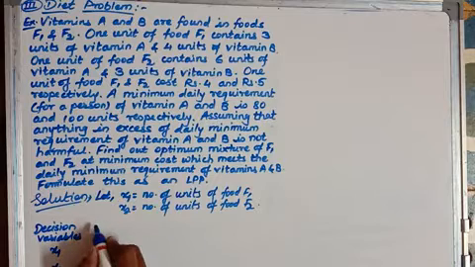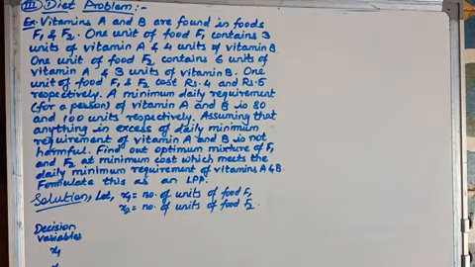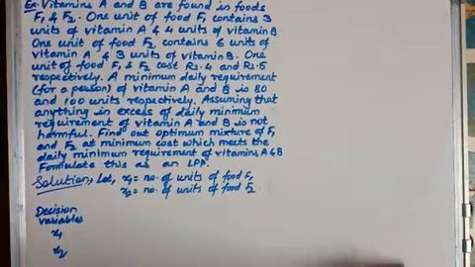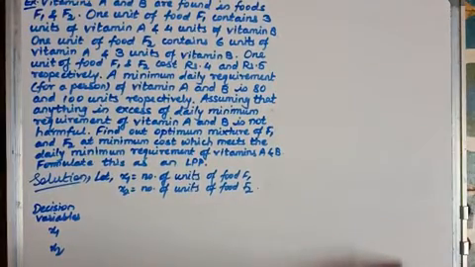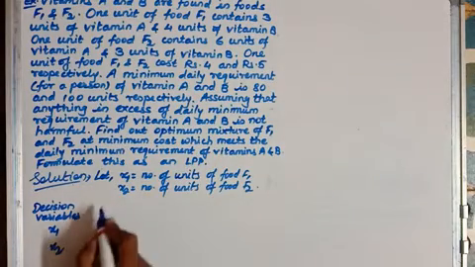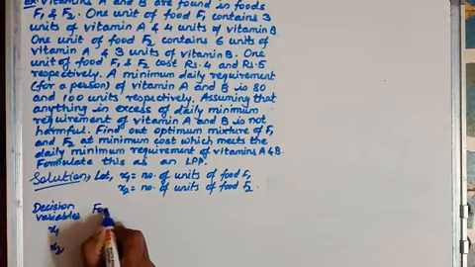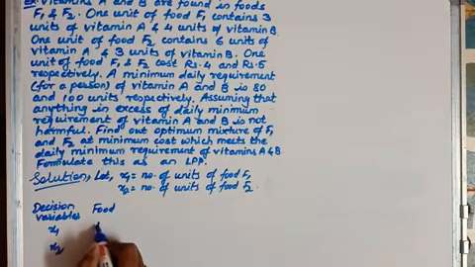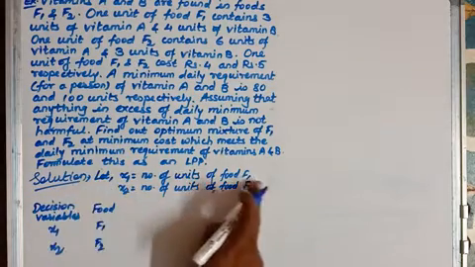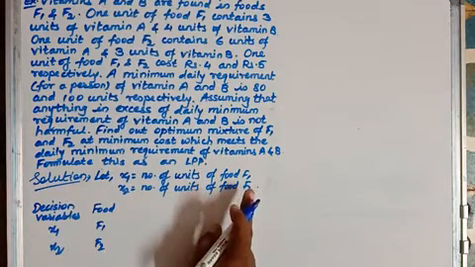Now in the previous problem there were products A and B. So here, instead of products, we take foods F1 and F2. So I must write food F1 and F2. x1 is related with food F1, x2 is related with food F2, with our assumption.